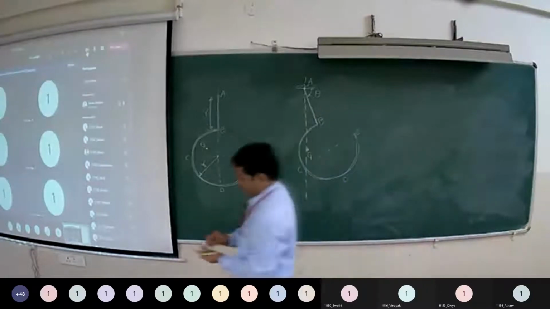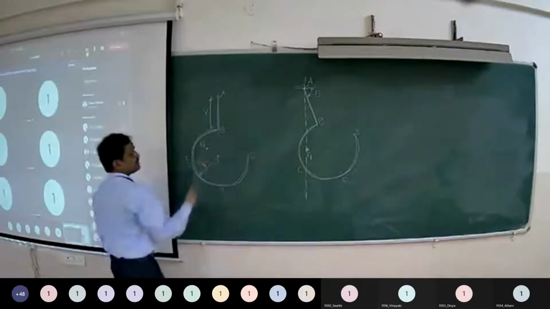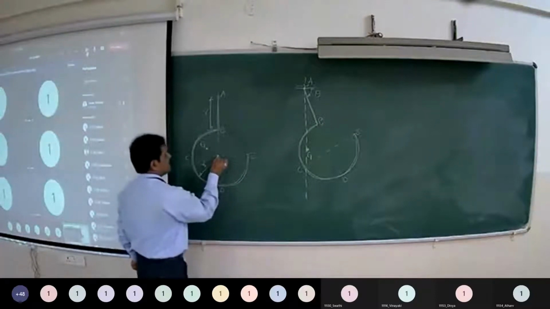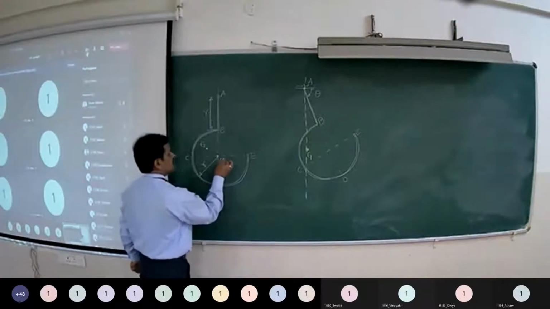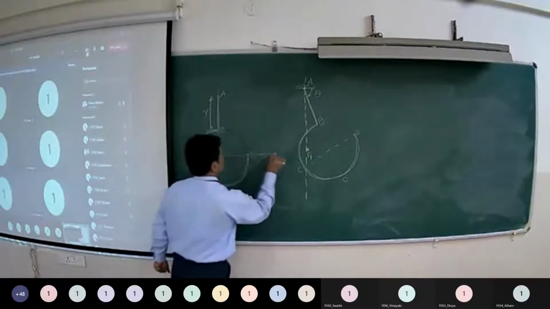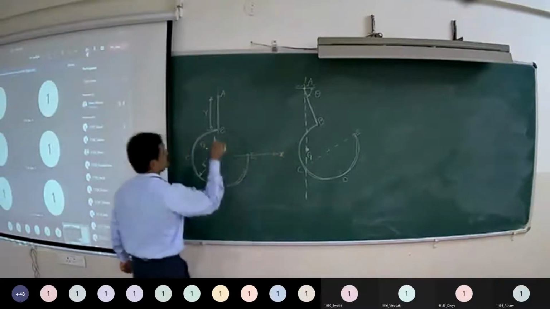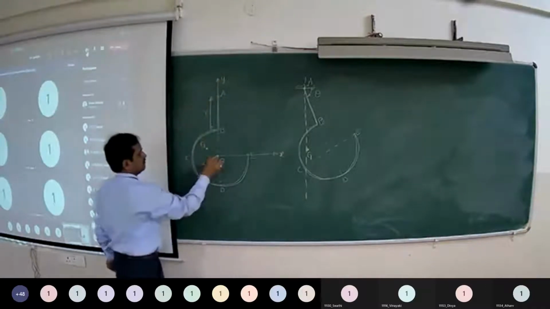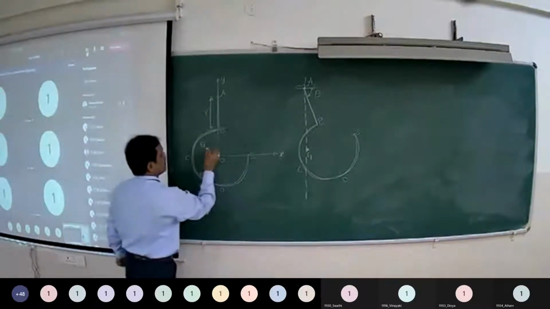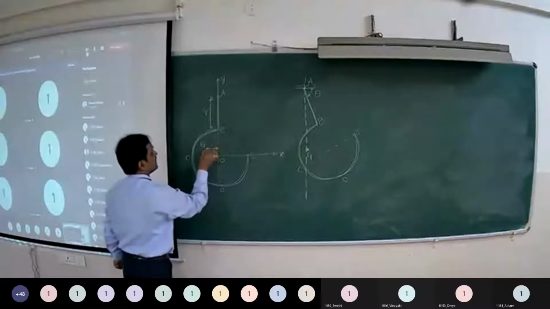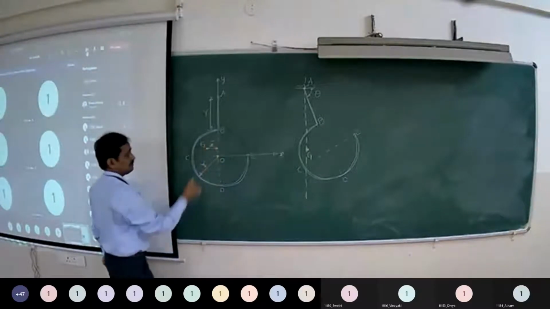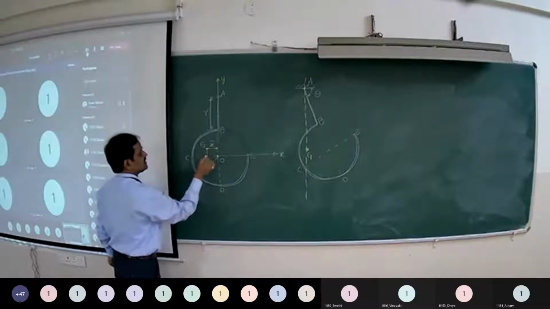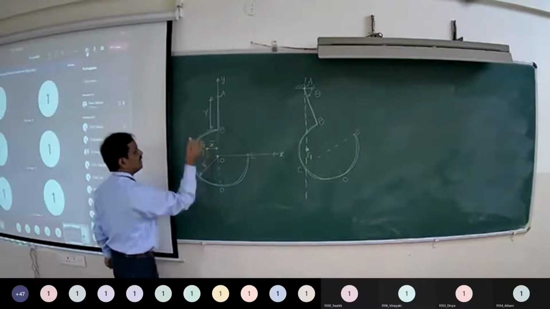Now see this figure. With reference to the center of the circle, I am taking this as x-axis and y-axis. So the distance of center of gravity from y-axis is x bar. The distance from x-axis is y bar.